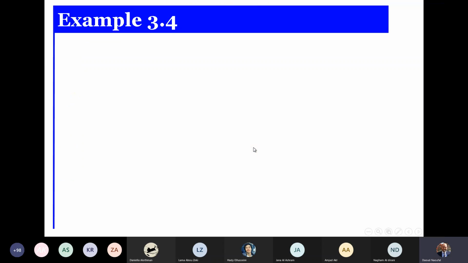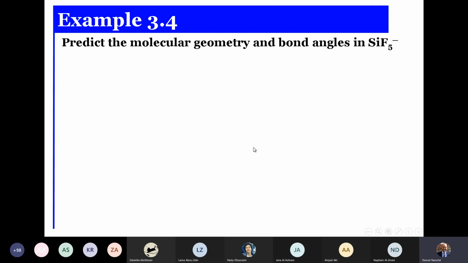Example 3.4. Predict the molecular geometry and the bond angle in SiF5 minus. So first of all, I have to write the Lewis structure. And in Lewis, we have to follow the rules.